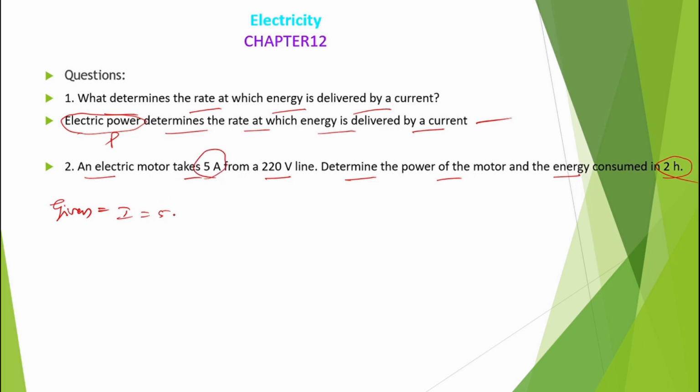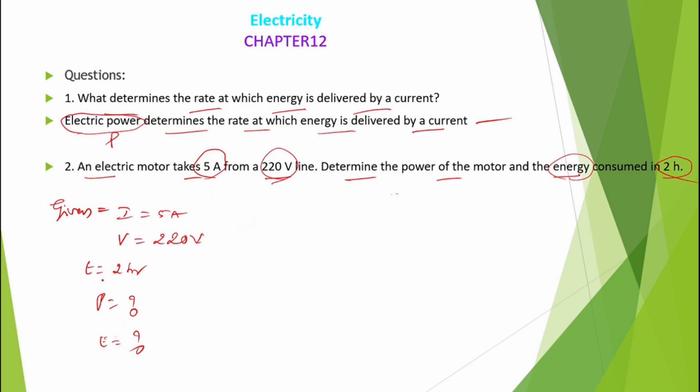I is equal to 5 amps and V is equal to 220 volt, and time is given, 2 hour. So t is equal to 2 hour, and what we have to calculate? Power, P is question mark, and energy, E is equal to question mark.